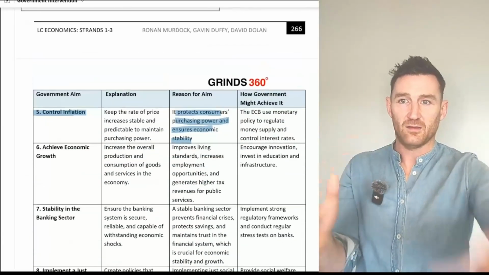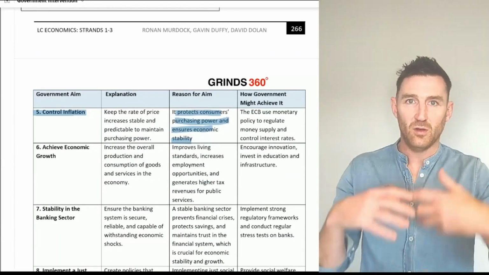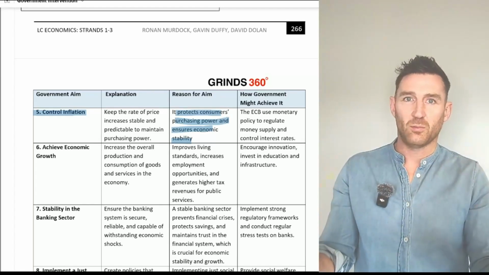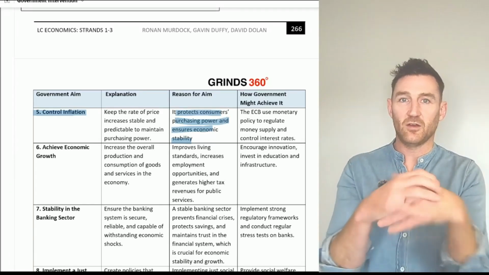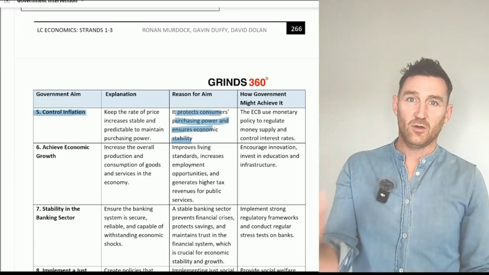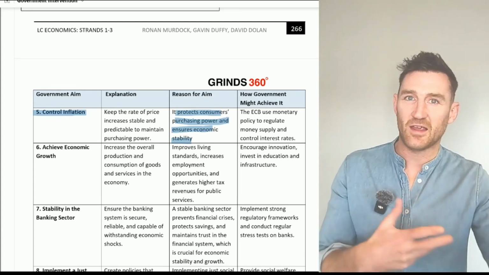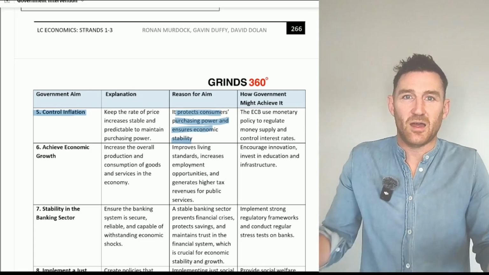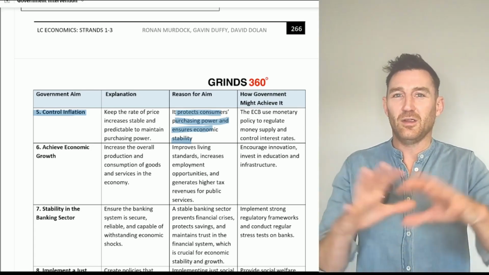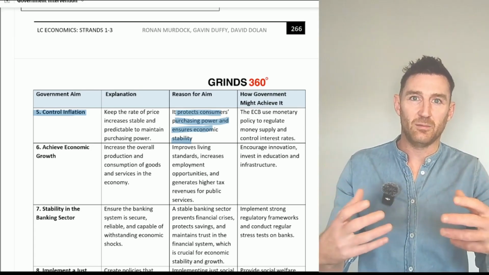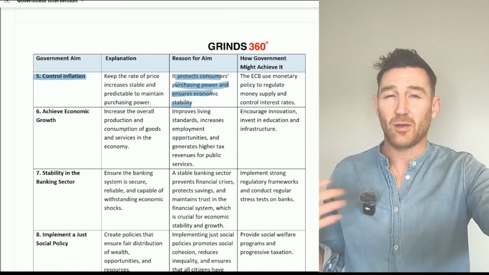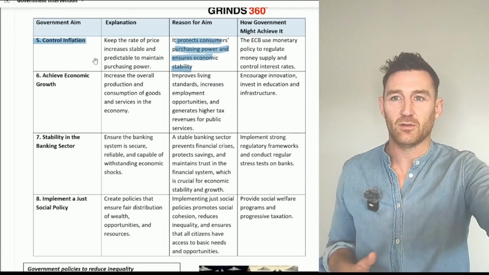And let's say that's successful. Businesses grow, incomes grow, there's loads of profits being made, might mean that there's an increase in spending in the economy. And an increase in spending can lead to an increase in prices if supply can't keep up with this increase in demand. That's what demand pull inflation is all about. So it's just another way that economic aims could be in conflict with each other, and something to have in the back of your head. Always ask yourself, how can these aims conflict with each other?